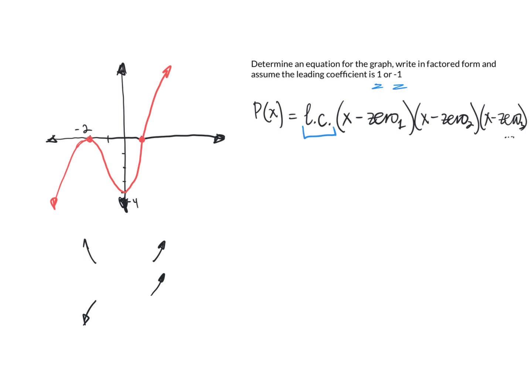It will have a negative leading coefficient if it goes down on the left and down on the right, or up on left, down on right. So this is positive and this is negative.